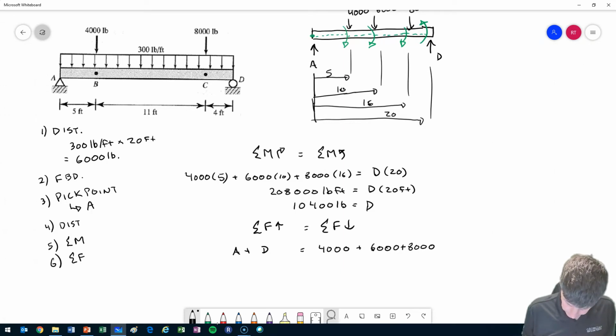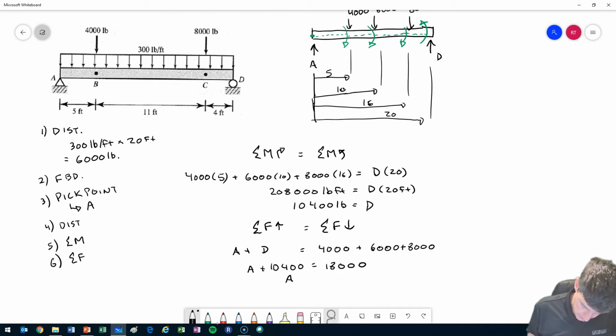So A plus 10,400 is equal to 18,000. A is equal to 7,600 pounds.